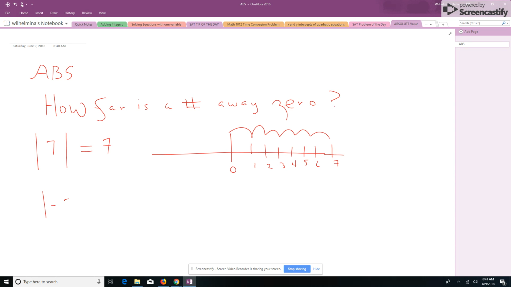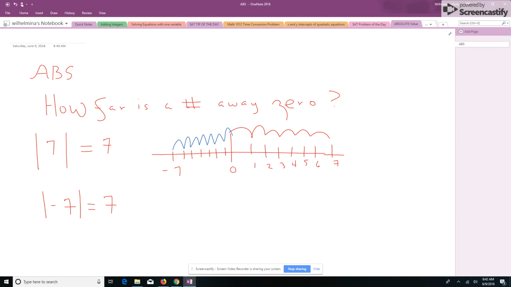The absolute value of negative 7 is also 7 because negative 7 is 1, 2, 3, 4, 5, 6, 7 jumps away from 0.